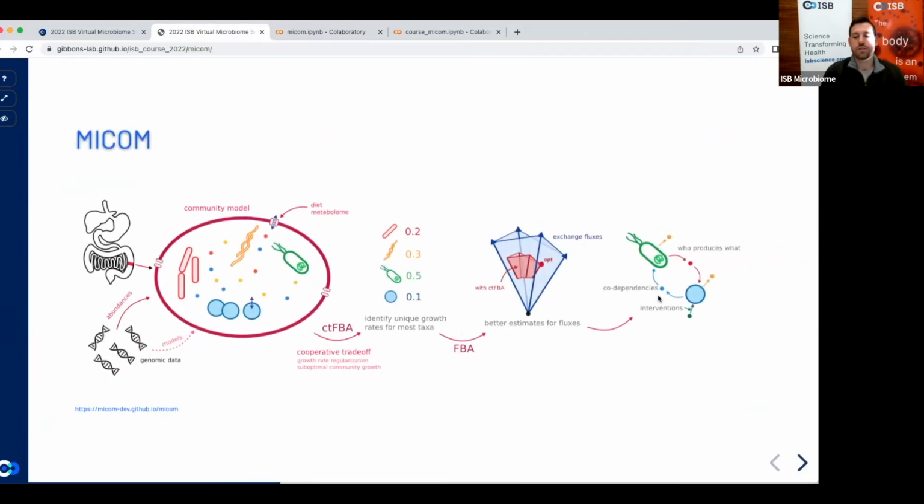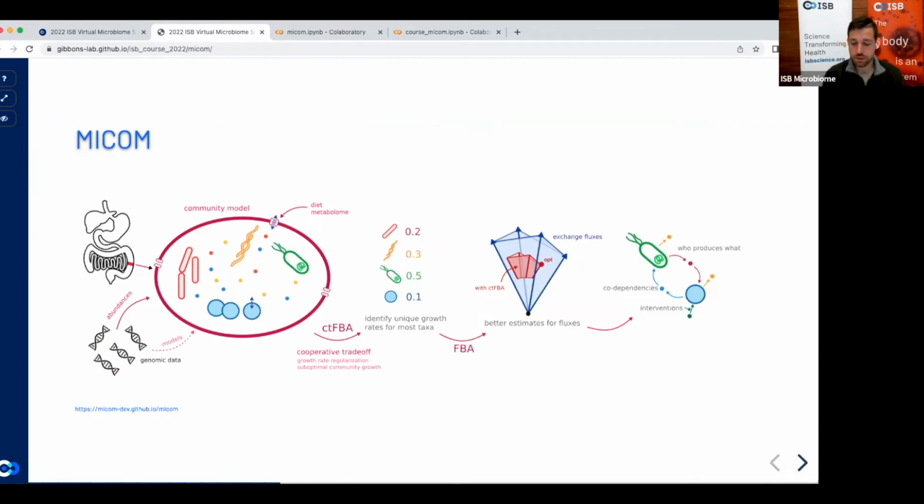So to this point, we've been focused on how flux balance analysis can be leveraged in order to simulate genome scale metabolic models. So how we can determine the fluxes in a single bacterium. To make metabolic models of microbial communities, or metagenome scale metabolic models, we use a tool called Mycom, which extends flux balance analysis into microbial communities.